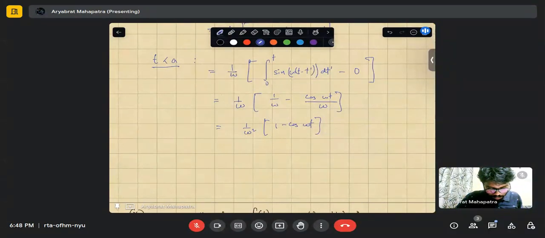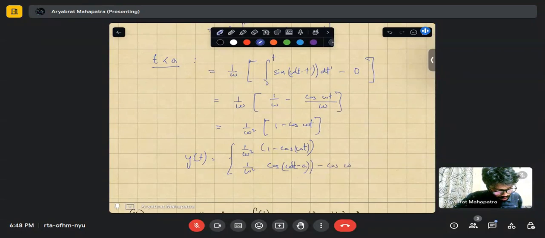So basically that will be your final solution. You have the solution in two parts: 1 over omega square times (1 minus cos omega t), and 1 over omega square times (cos omega (t minus a) minus cos omega t).